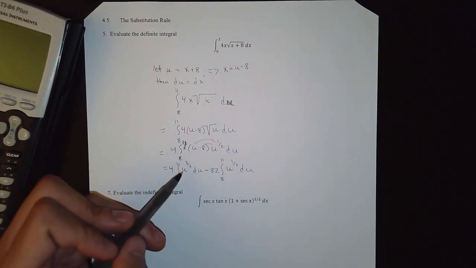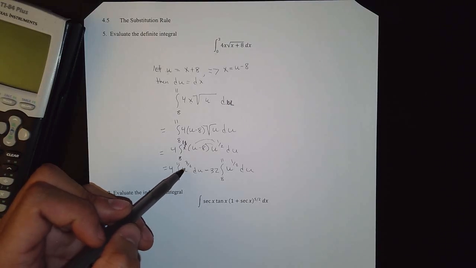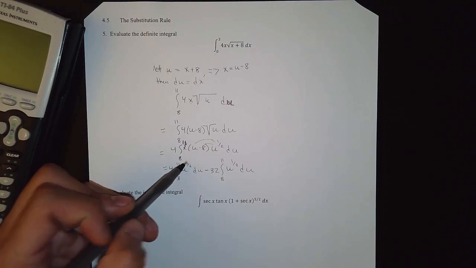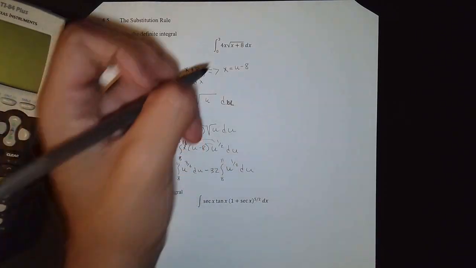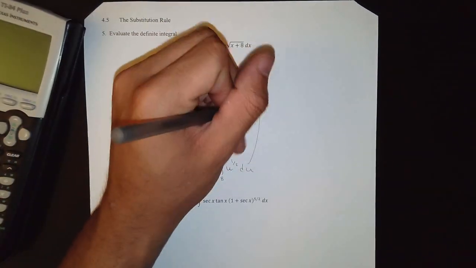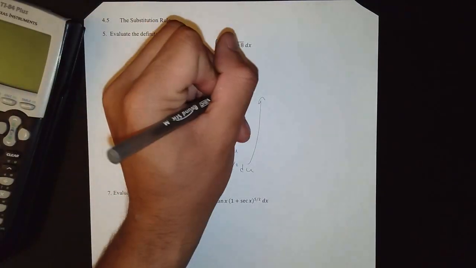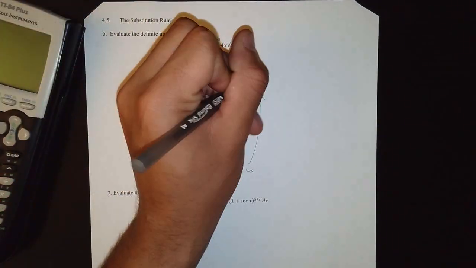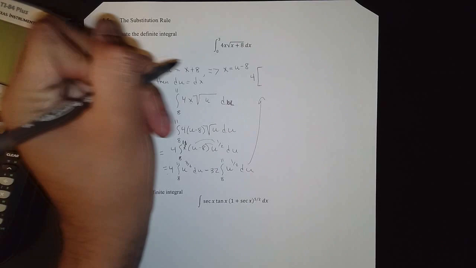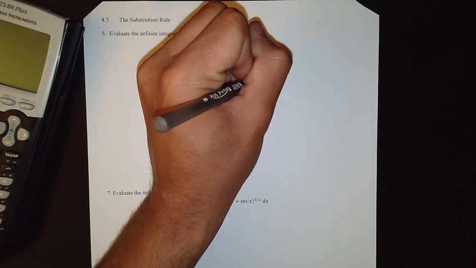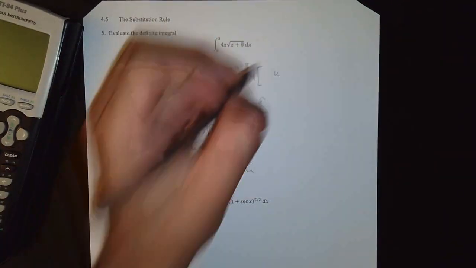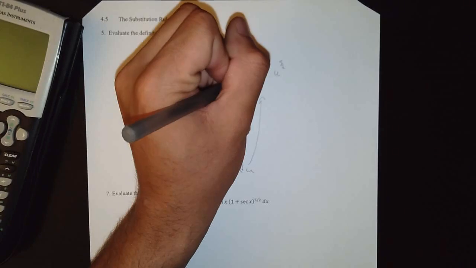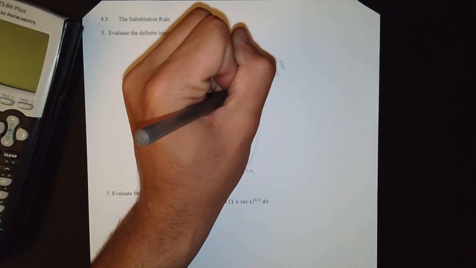And so using the power rule for integration, we add 1 to the power and then divide by that in both of these scenarios, and we would get an antiderivative of 4 times the quantity u to the 3/2 becomes u to the 5/2, and we divide by 5/2, so that this is like 2/5 out front.